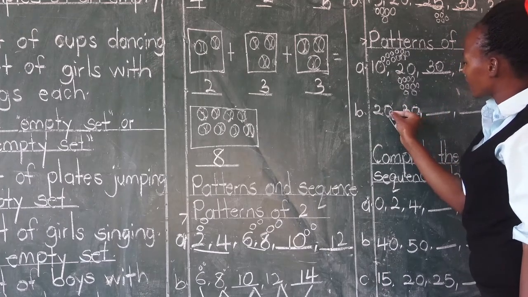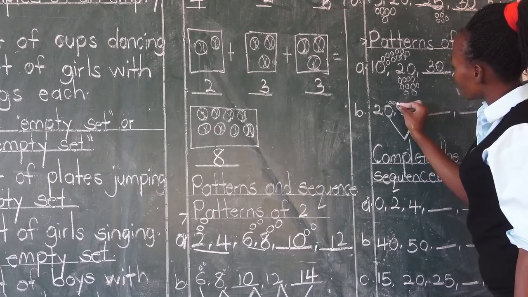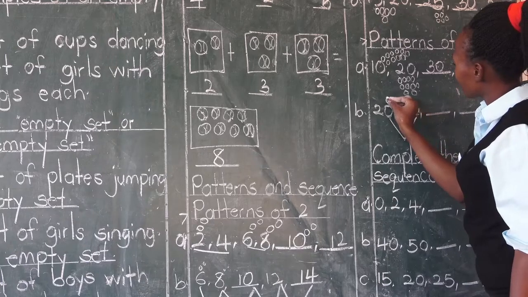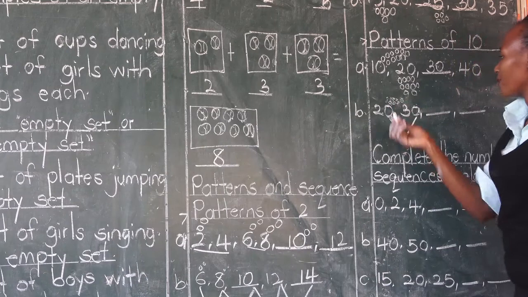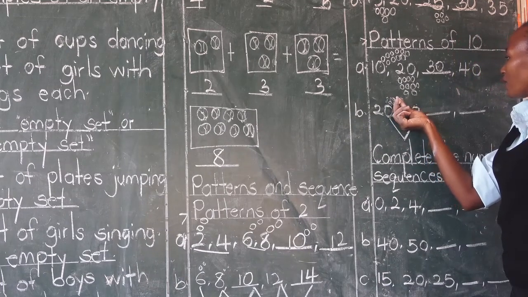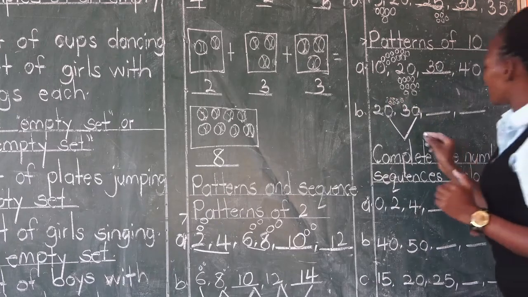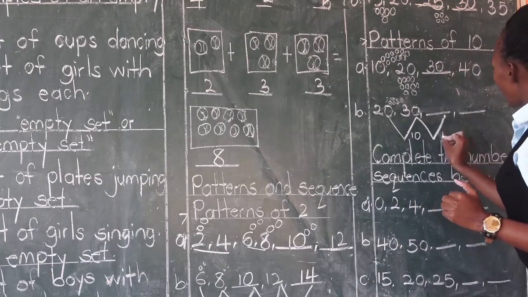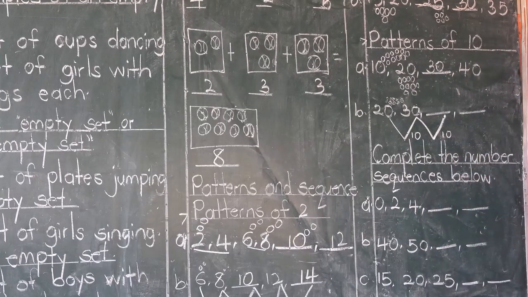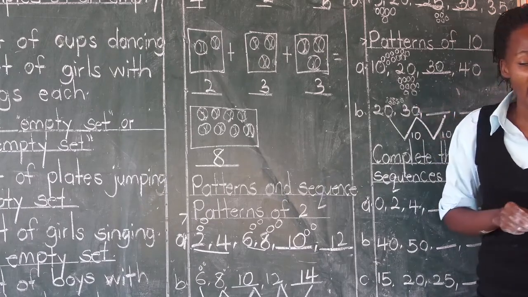This is 20 in our head. 21, 22, 23, 24, 25, 26, 27, 28, 29, 30. 1, 2, 3, 4, 5, 6, 7, 8, 9, 10. They added 10. Now let's add another 10. If you add 10 on 30, which number are you going to get?